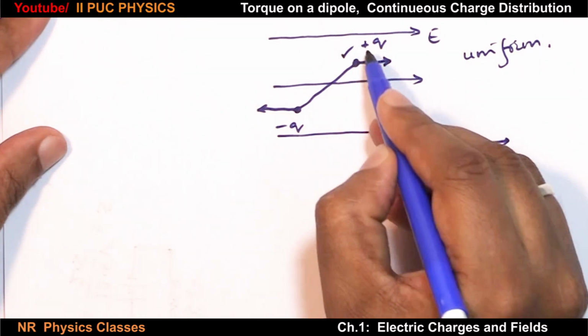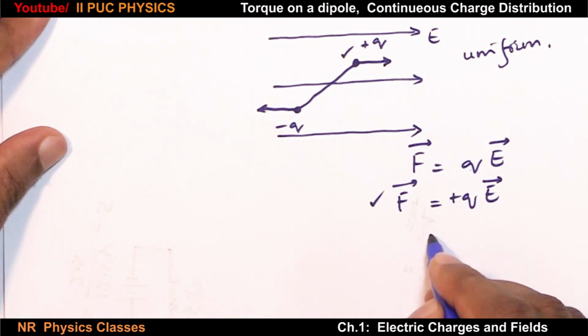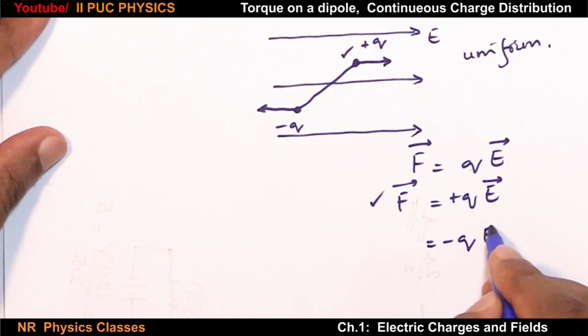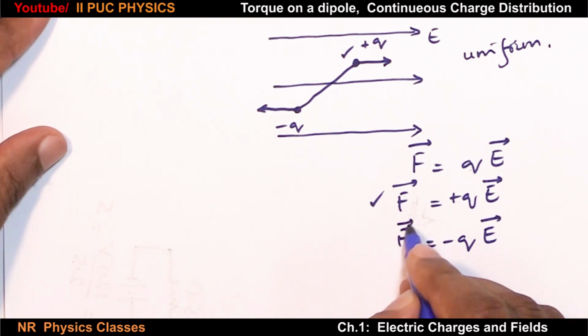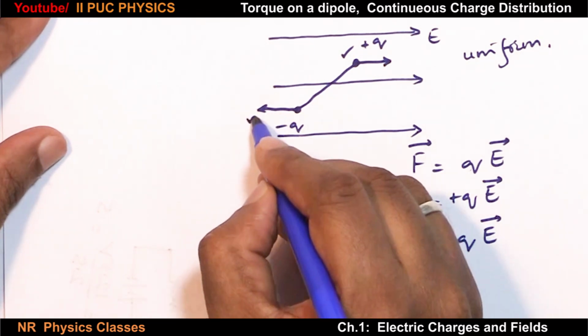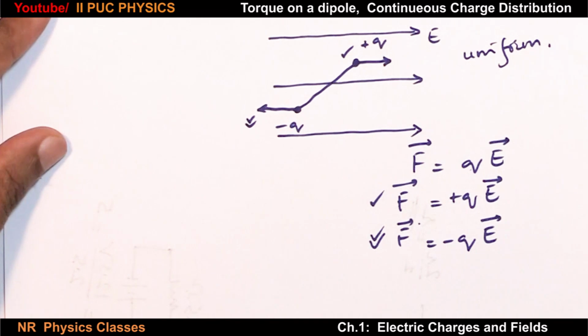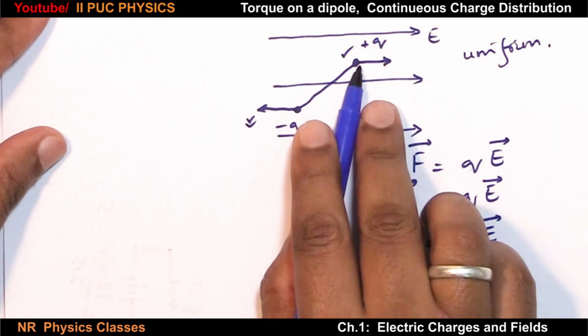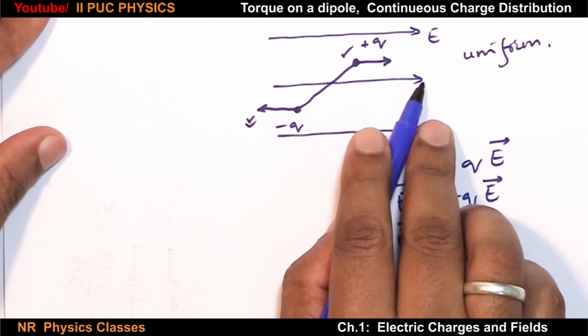That is this. Now, on a negative charge, force is minus Q into E. Minus QE means the direction of force is against the direction of the field, something like this. So the negative charge is forced against the field, and the force on the positive charge is in the direction of the field.